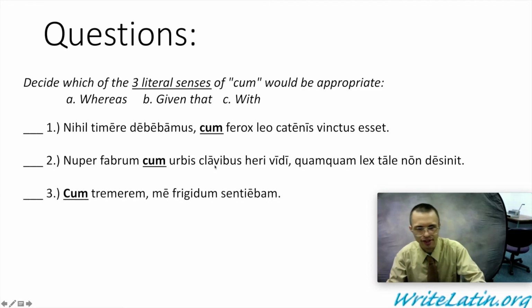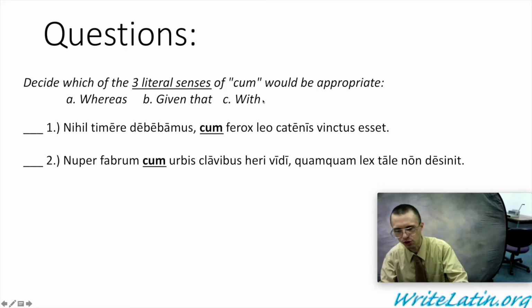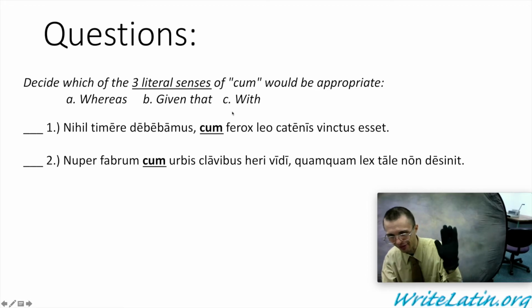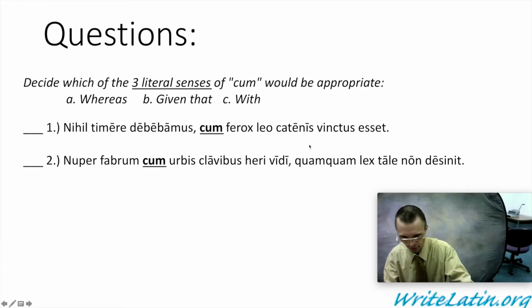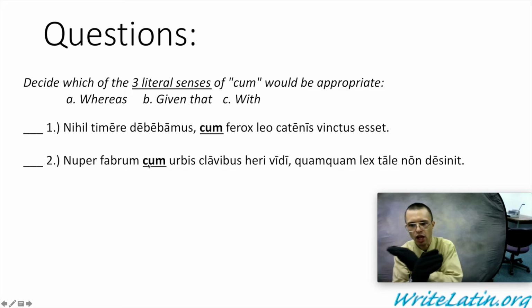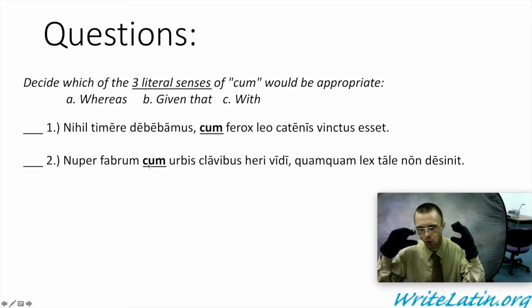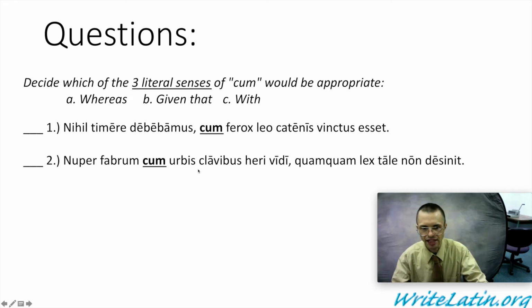That's going to be your standard meaning of cum that you were used to up until now, with. So don't forget, with could be the meaning of cum, and it might not be a cum clause at all. So you have to find a subjunctive somewhere for it to be a cum clause. If it's a cum clause, then it has to introduce a whole clause, which is a whole sentence. If it's just a little phrase, like with the keys, then that's not a cum clause.